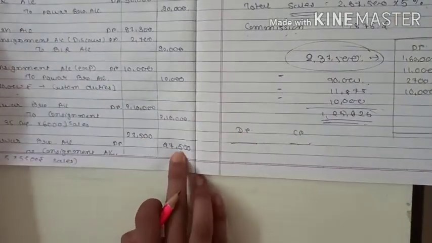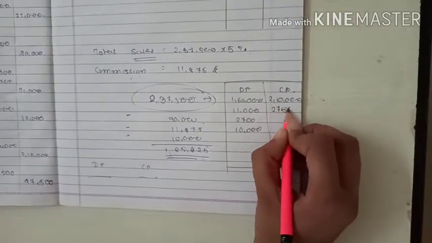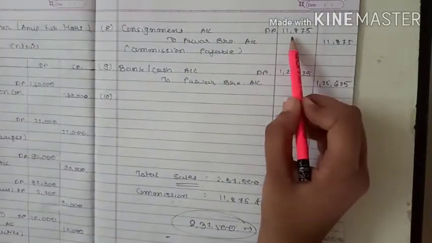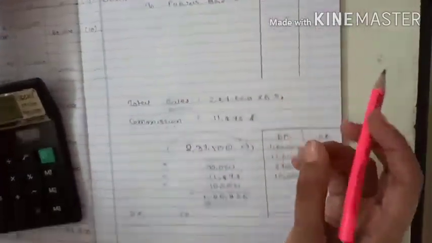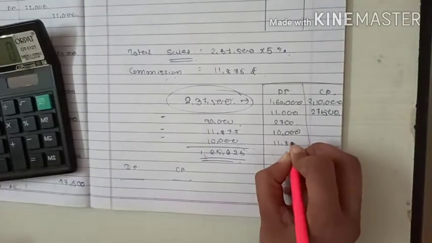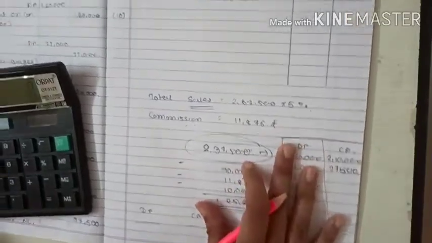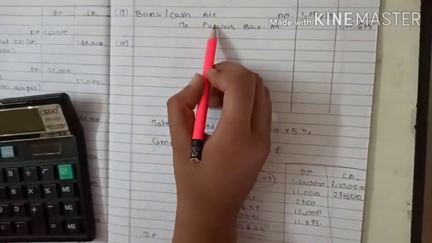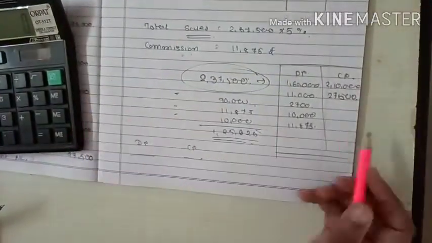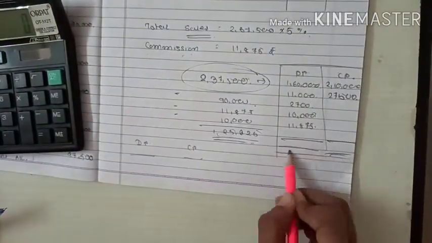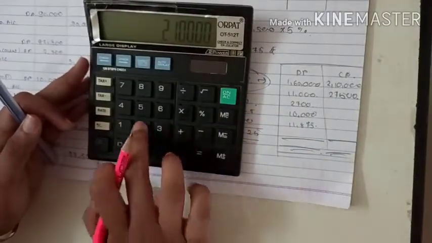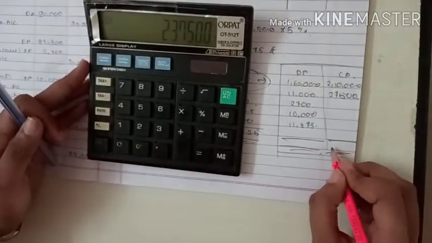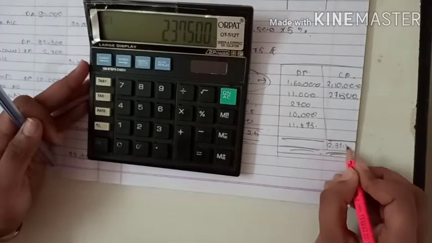Again 27,500 is the credit. Then here the consignment account is debited, so on the debit side 11,875. In the last entry there is no consignment account. Now on the basis of that we can find the profit. 2,10,000 plus 27,500, the credit balance is 2,37,500.